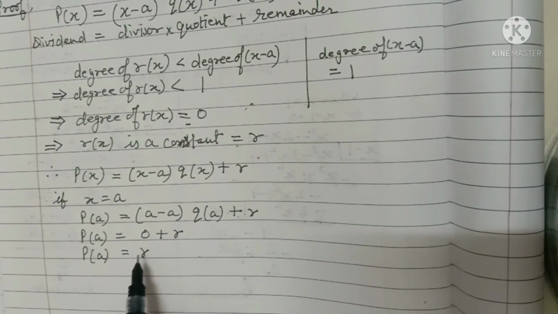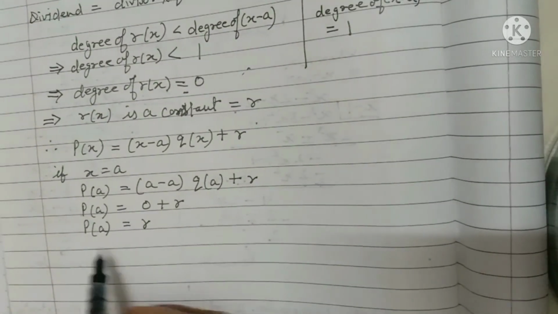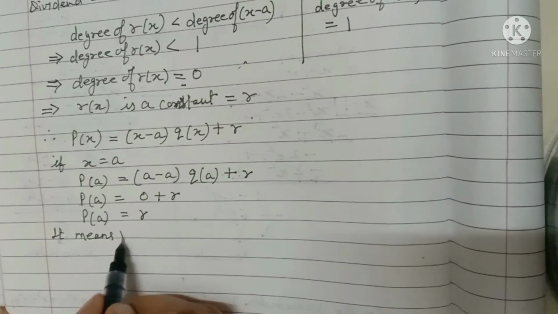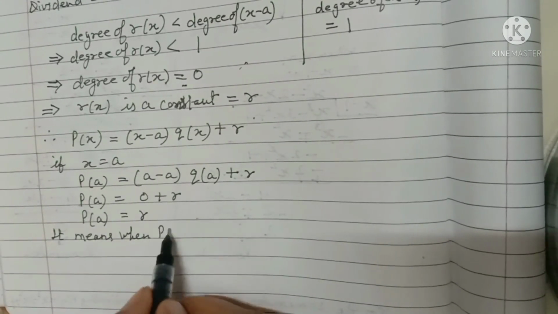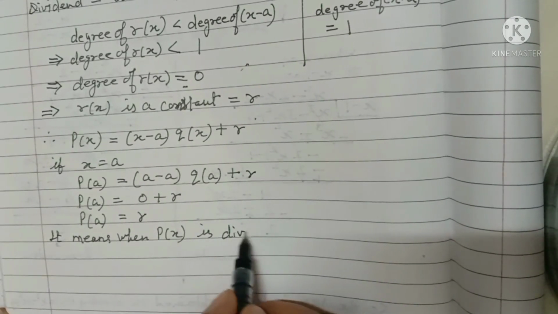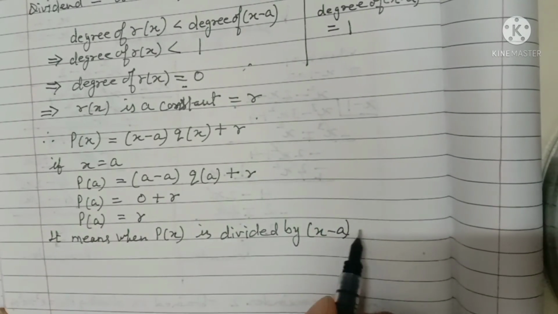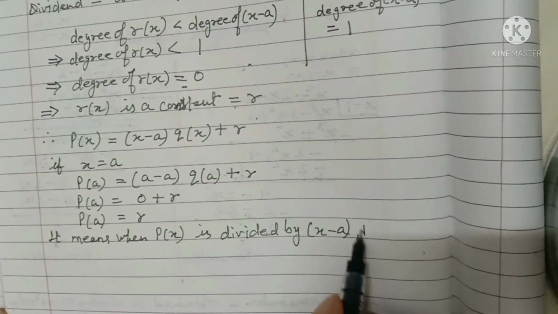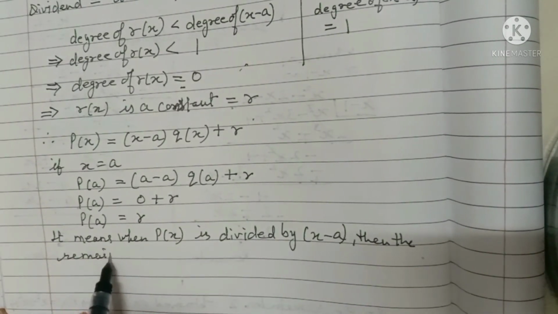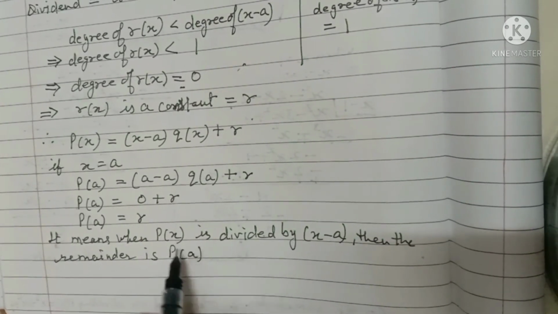R is the remainder. So the remainder is P(a). It means when polynomial P(x) is divided by x minus a, then the remainder is P(a), which we had to prove.